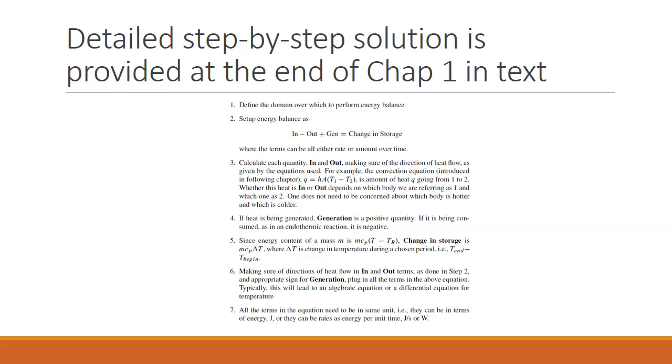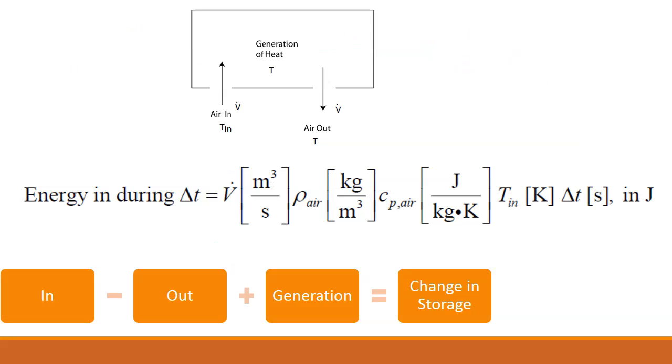Now for this calculation process, the detailed step-by-step solution is provided at the end of chapter 1. So please look through these steps that will give you in words and in text the details of how you would approach it. But here, let's just use these steps. So we're now in step 3, and we're going to just do that.